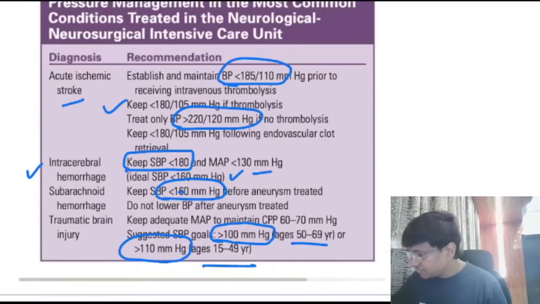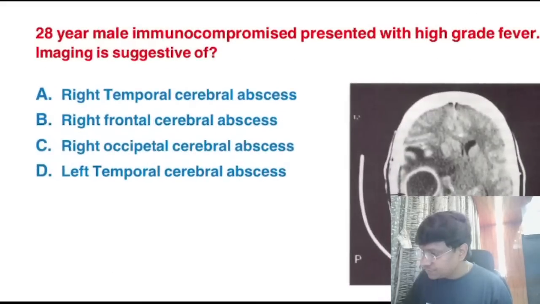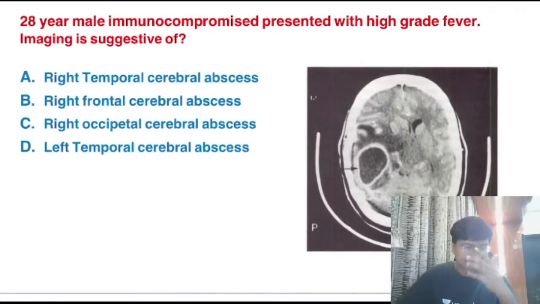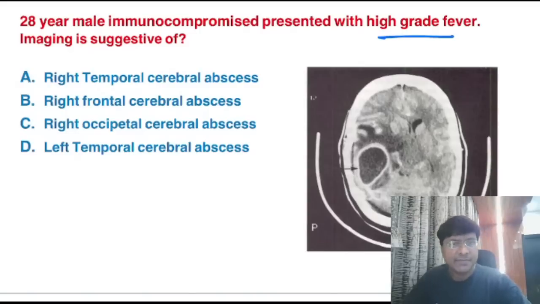Now okay, so this is just a basic integration of medicine and neuroanatomy. A 28-year male immunocompromised presented with a high-grade fever. Imaging is suggestive of right temporal cerebral abscess, right frontal cerebral abscess, right occipital cerebral abscess, left temporal cerebral abscess.